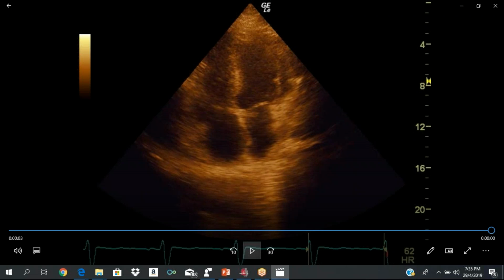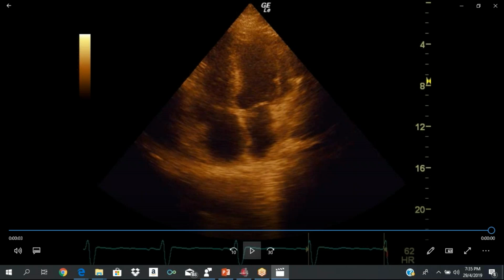We also talk about the shortening fraction, fractional shortening, okay, which is a linear measurement. We look at the LV cavity size in diastole, and we subtract from that the LV cavity size in systole, and we divide that by the LV cavity size in diastole.